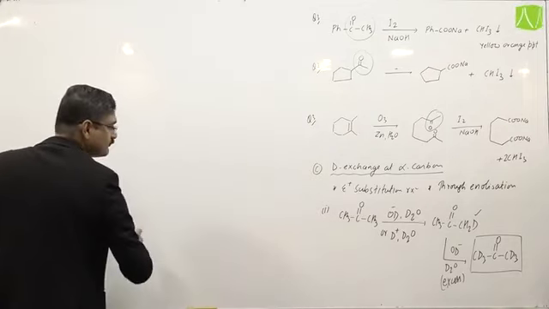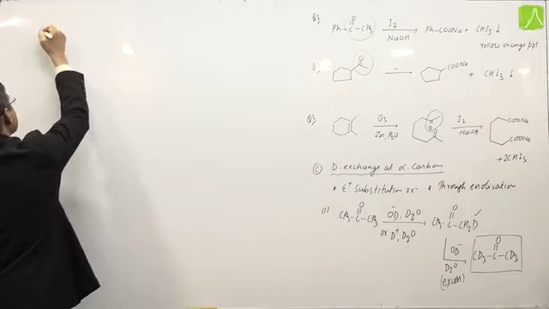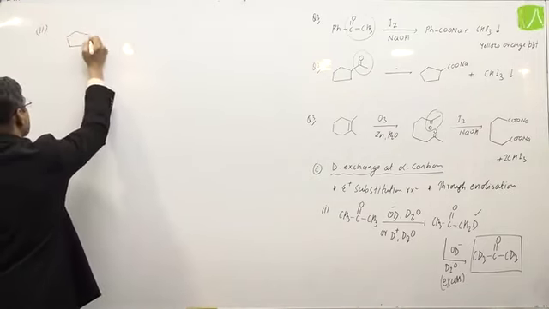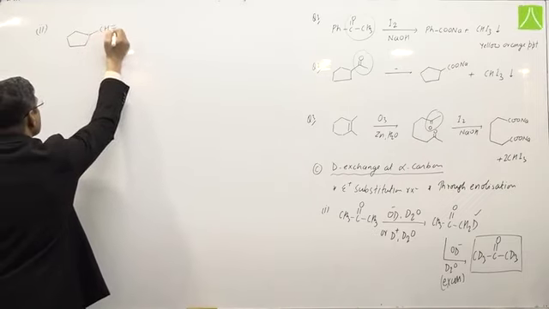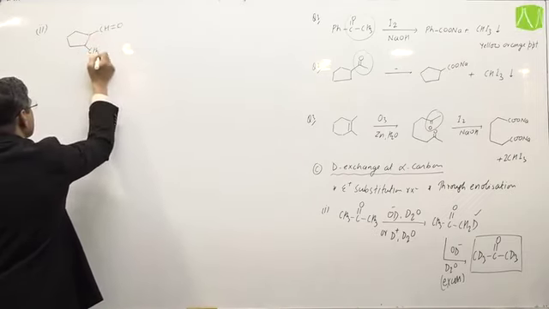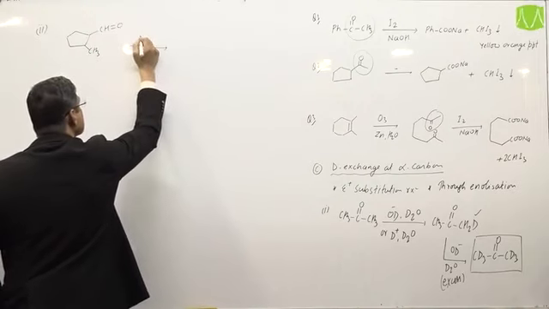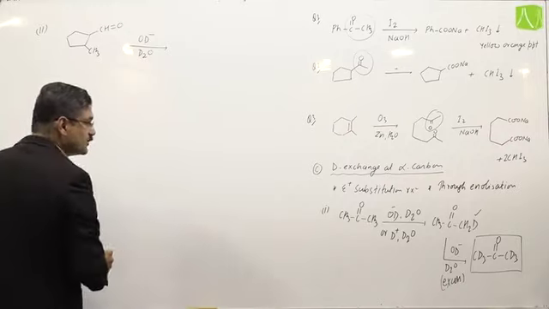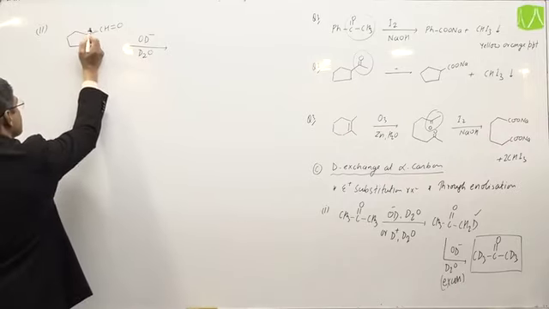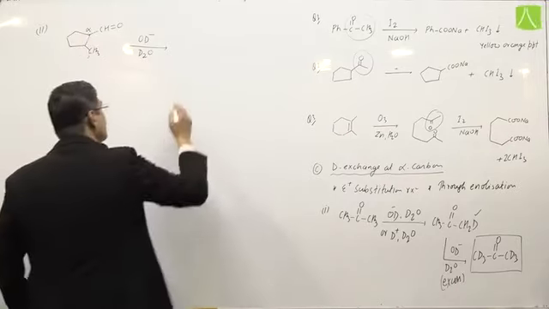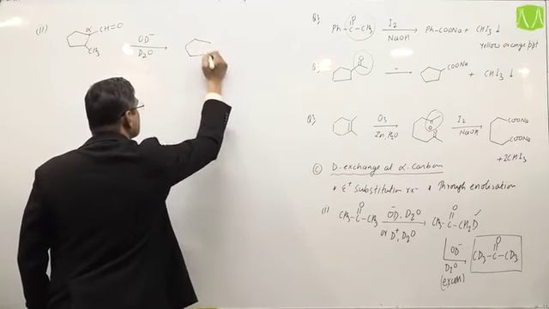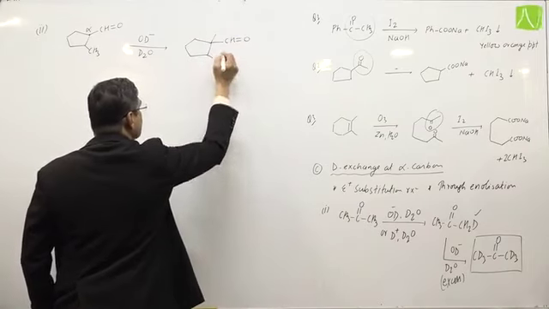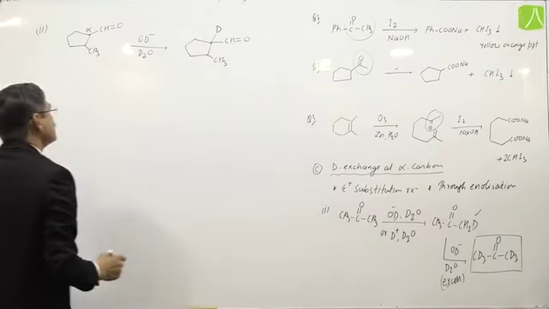So you can solve a few examples. Suppose a second example: how many D exchanges are possible in this reaction with OD minus and D2O? So identify the alpha position. This is the alpha position. Only one hydrogen is there. So finally one H is exchanged with D. So this is the final product.